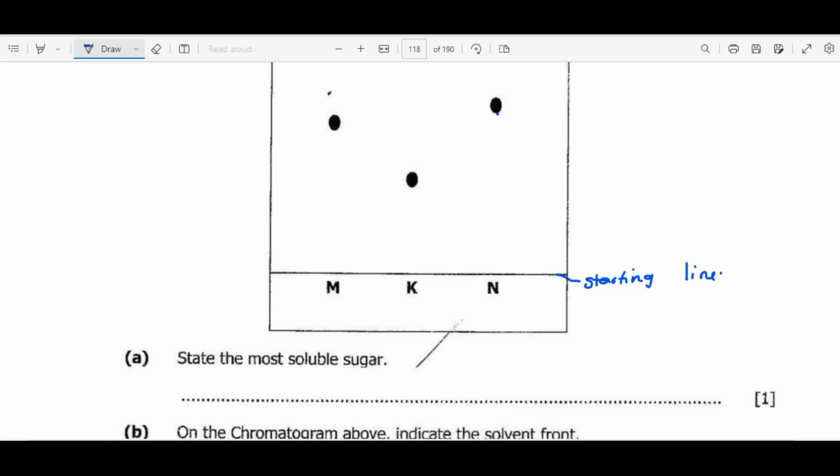So if we compare the distance for this component N, this one is the greatest, then this one is the shortest, then this one is in between the two distances. So the answer for this one is N.